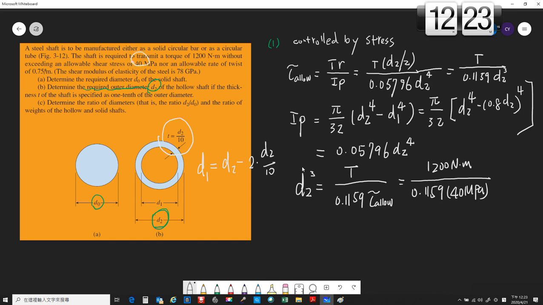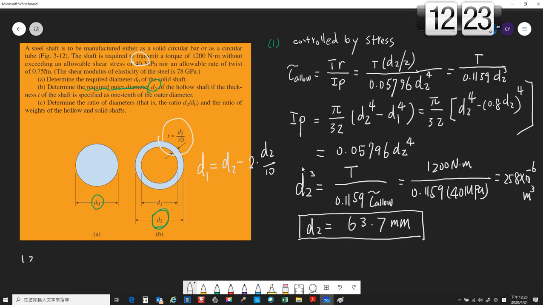And actually, you can get the value of 258 times 10 to the minus 6 and cubic root. So D2 is equal to 63.7 millimeter. Okay, this is the first condition, control by stress.